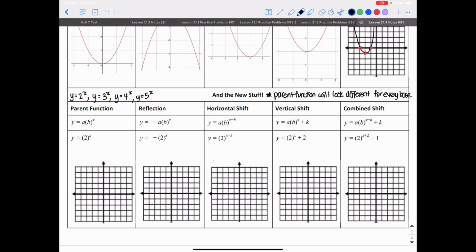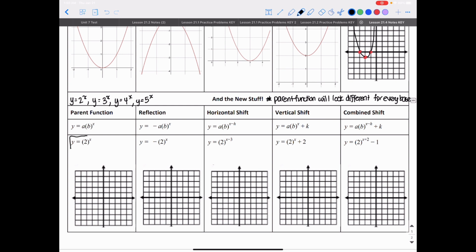In this case, we're going to be working with base 2 because that's an exponential function you're going to see a lot of. So if I have the parent function for base 2, it's just y is equal to 2 to the x power. What I'm going to do is create the table for this. I want to pick values for x that are small so that it fits on my graph.